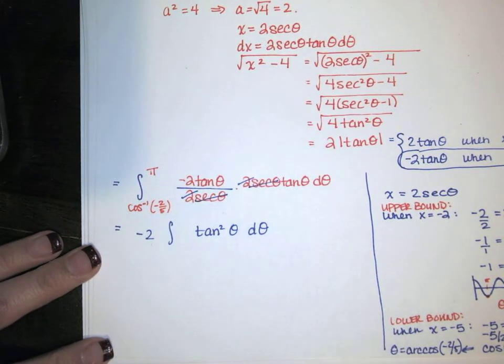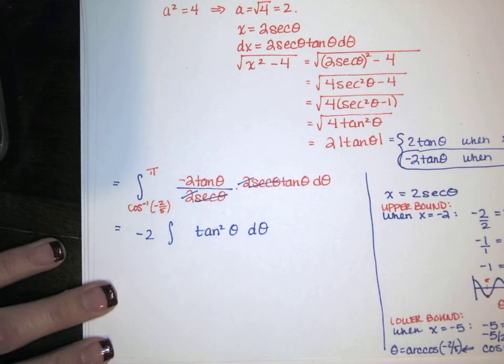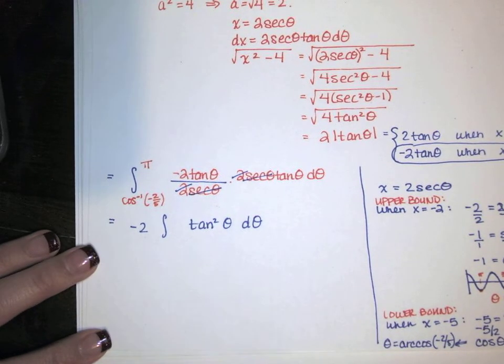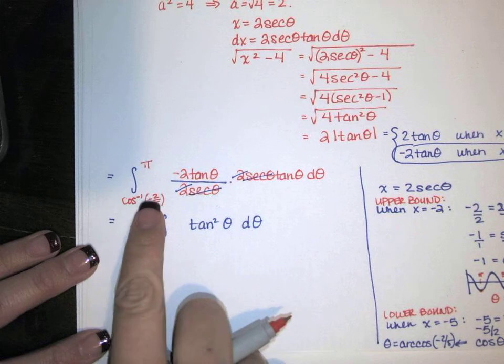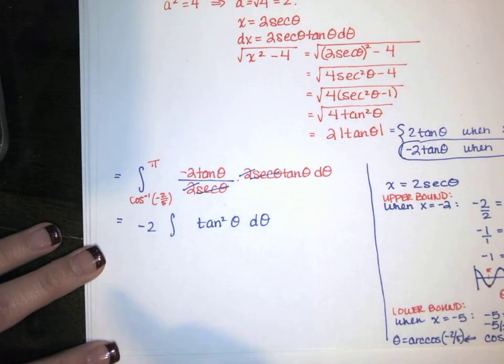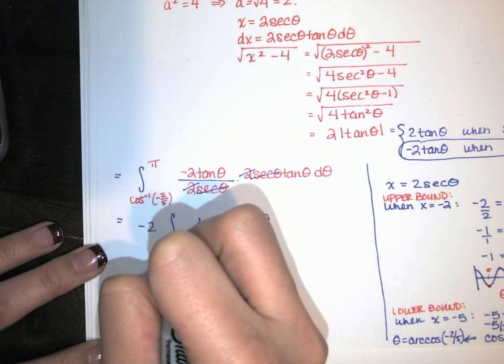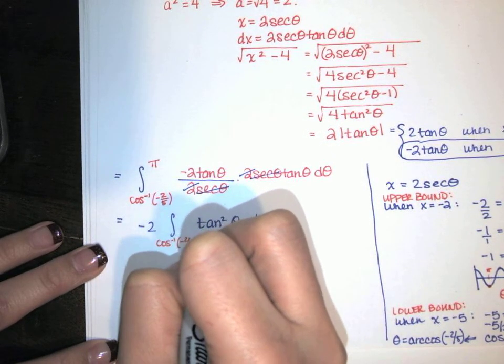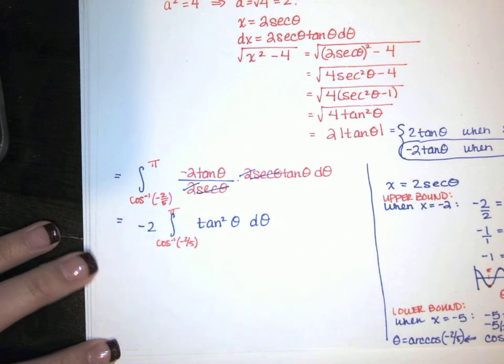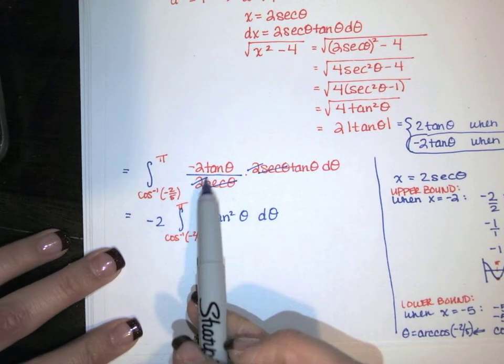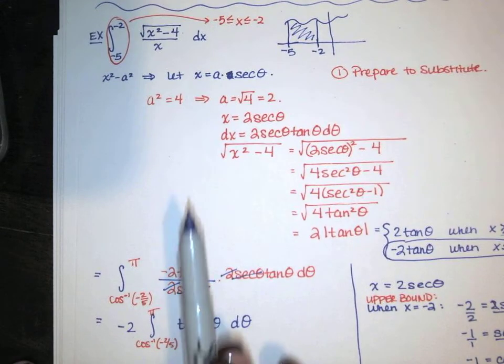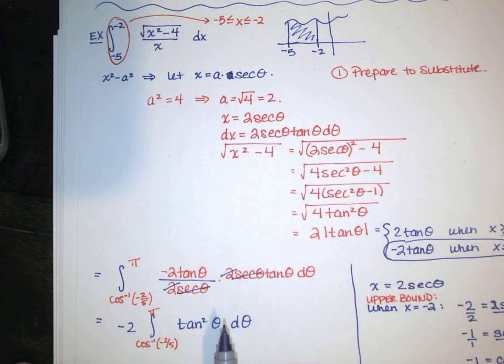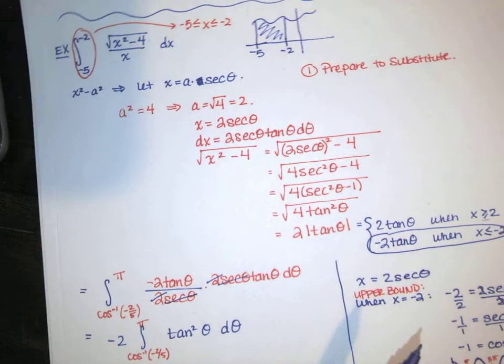But that's an angle. We could figure out what quadrants it's in. We could use our calculator to find it in radians. But it's just an angle, it's just a number. We're going to substitute that in over here. So I've got the inverse cosine of -2/5 here and pi over here. Now I've substituted. This integral is equal to this integral, which is equal to this integral.